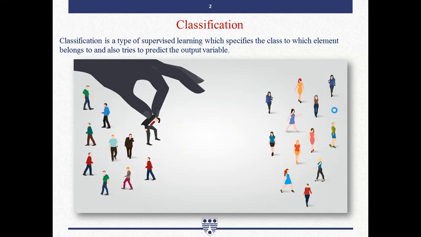Last week I briefly introduced classification for you, right? So what exactly is classification? Classification is a type of supervised learning which specifies the class to which an element belongs and tries to predict the output variable. For instance, say you have a data set of wine, like I gave you as an instance last week.